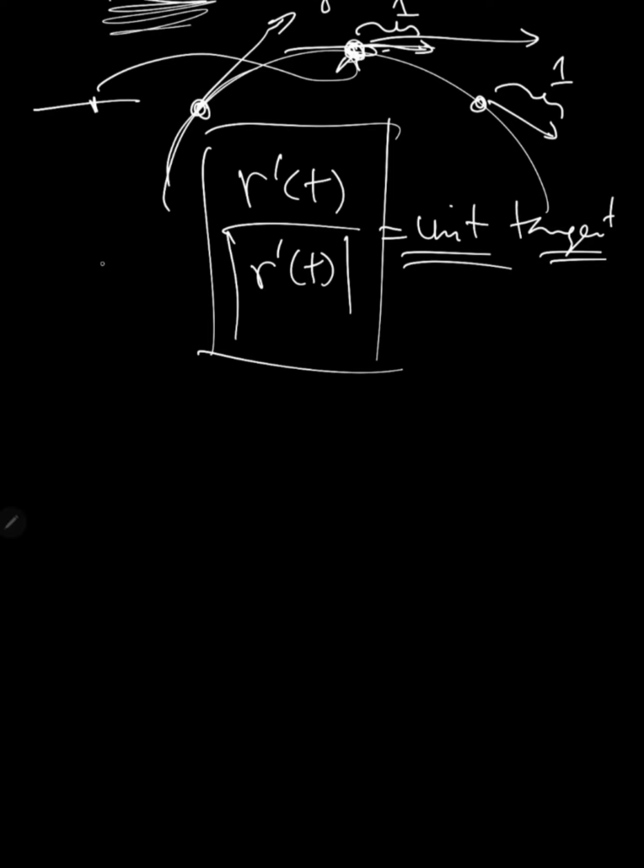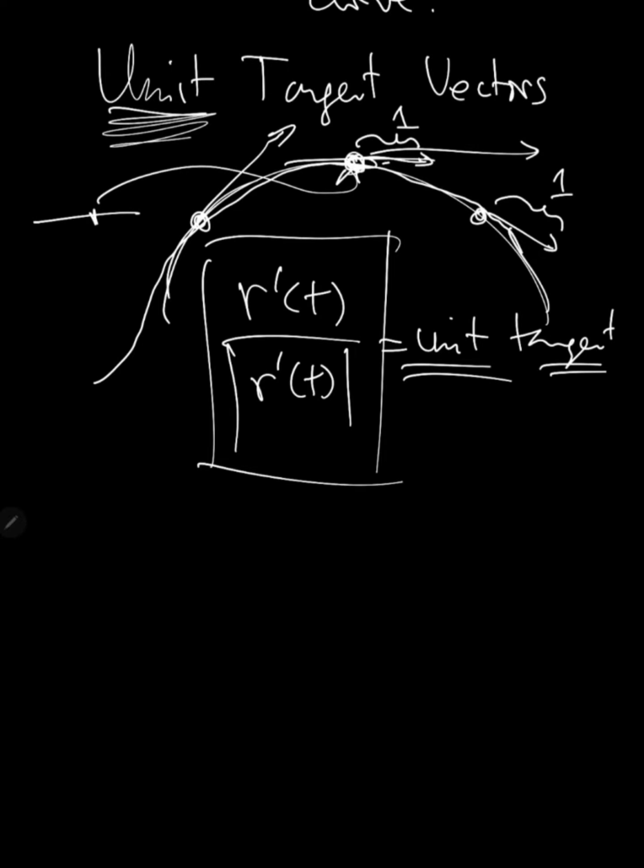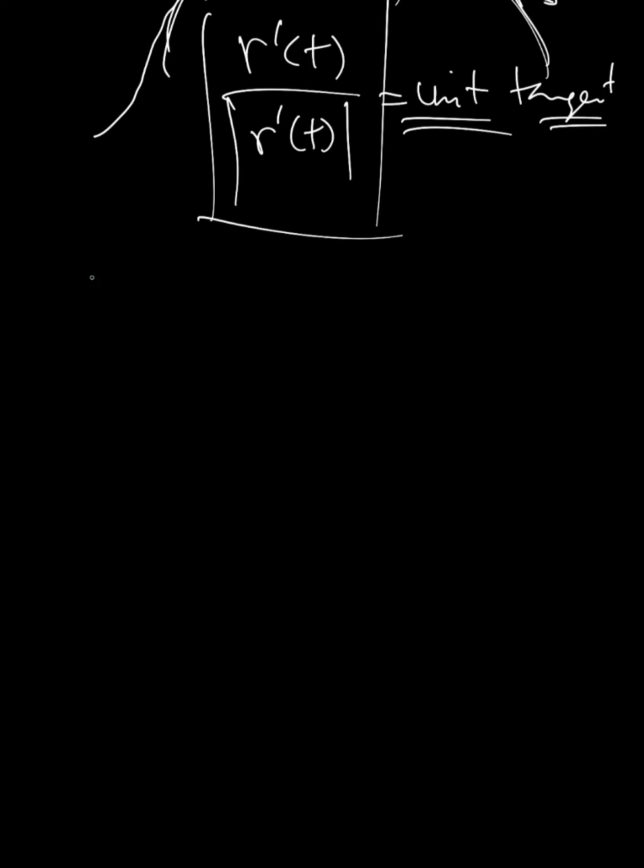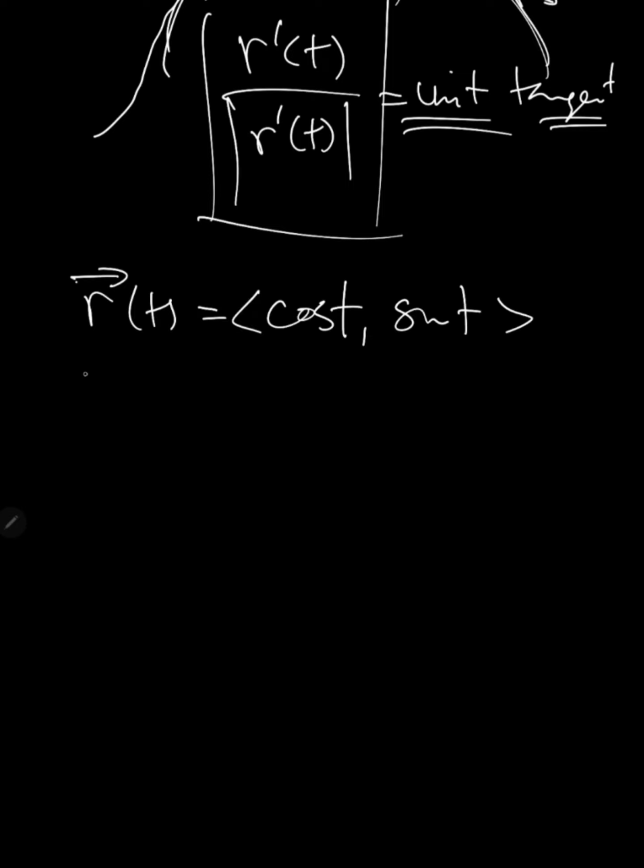Again, all of this depends heavily on the fact that you have a parameterization of your curve. For our typical example, r of t equals cos t, sine t, we said r prime of t was minus sine t, cos t.